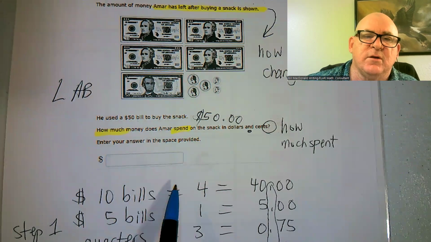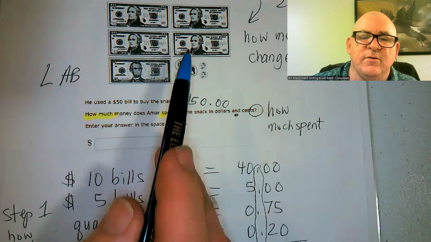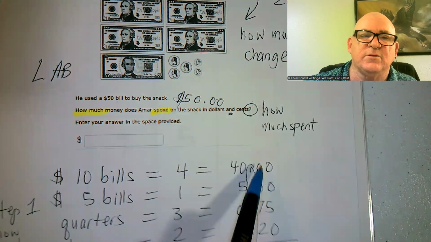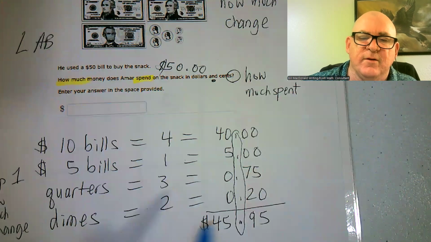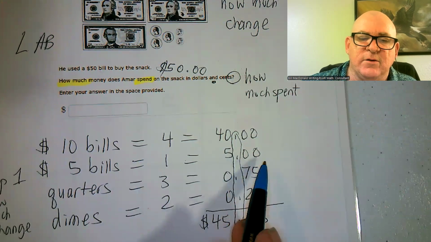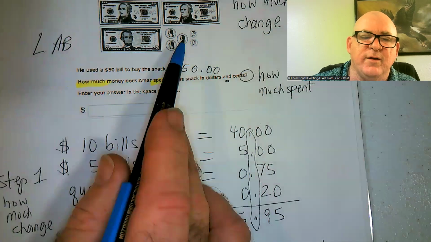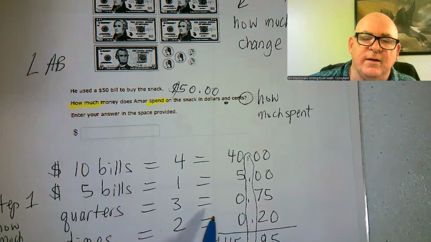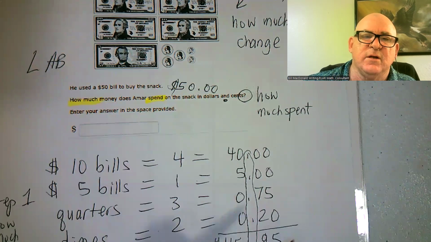$10 bills, I have four of them at 10, 20, 30, $40 and no cents. $5 bills, I have one of them, $5 and no cents. Quarters, we have 3 of them at $0.75.